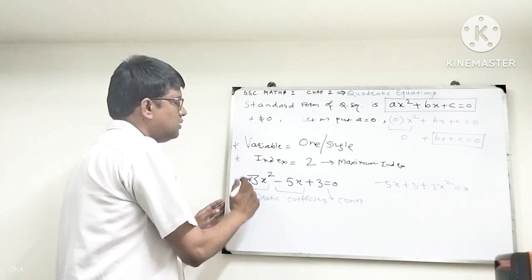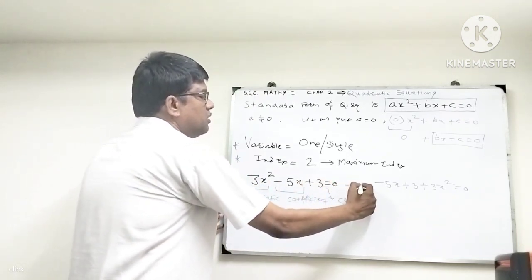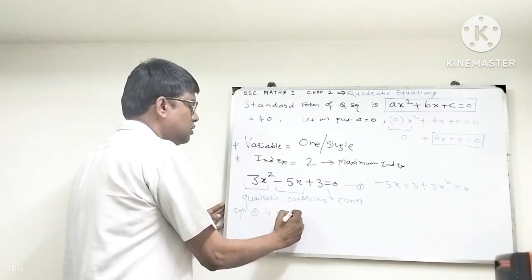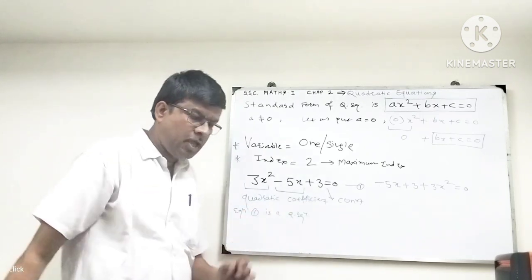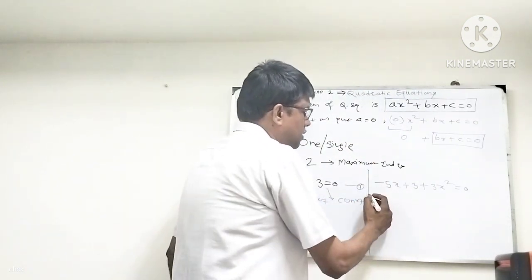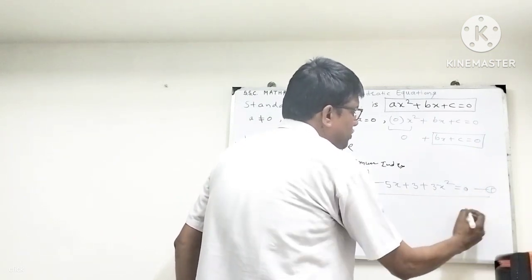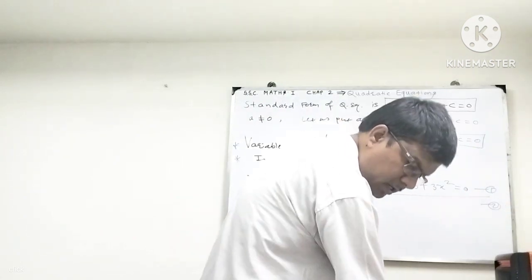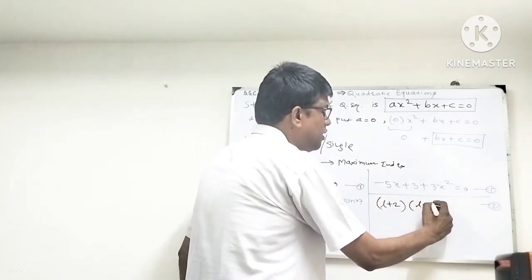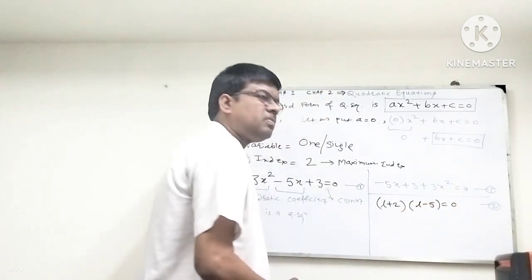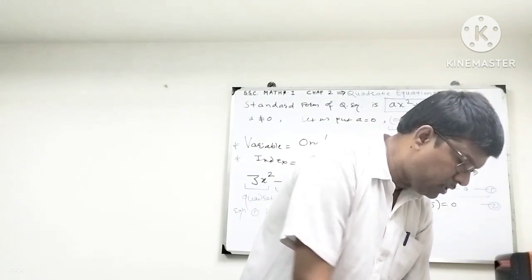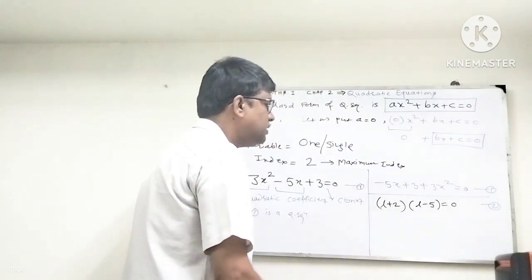Hence we are saying that this given equation, or say equation 1, is a quadratic equation. Now we will check whether the second equation is quadratic or not. Let us say it is the first equation, and now I am writing the second equation: (L plus 2)(L minus 5) equal to 0. Let us check. First we have to make the product of this equation, then write it in standard form, and then check it.